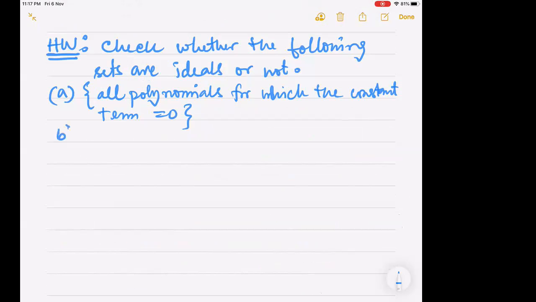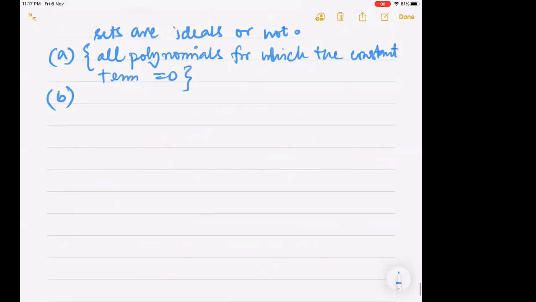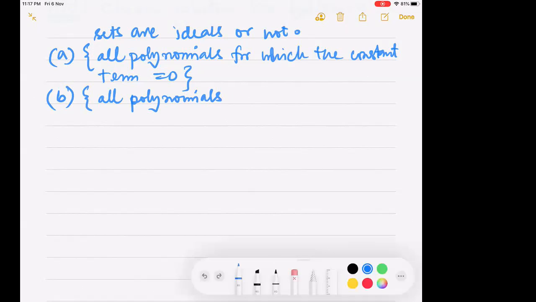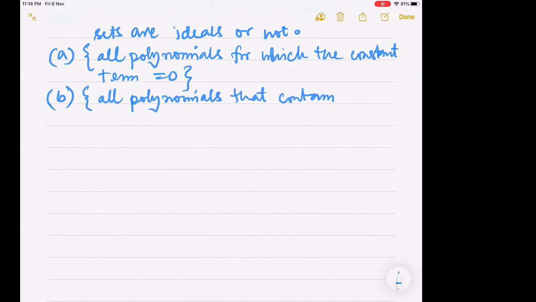Then B is, say, the collection of all polynomials that contain only even degree terms.